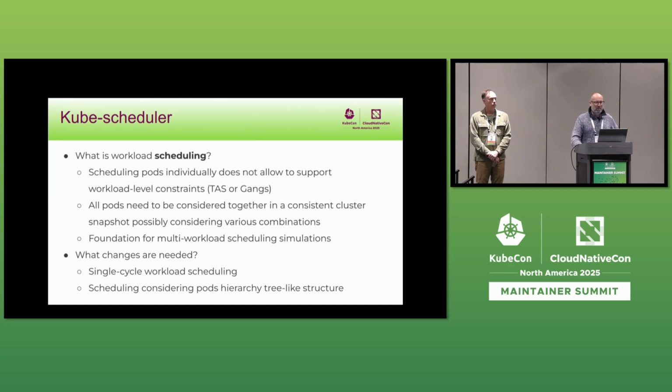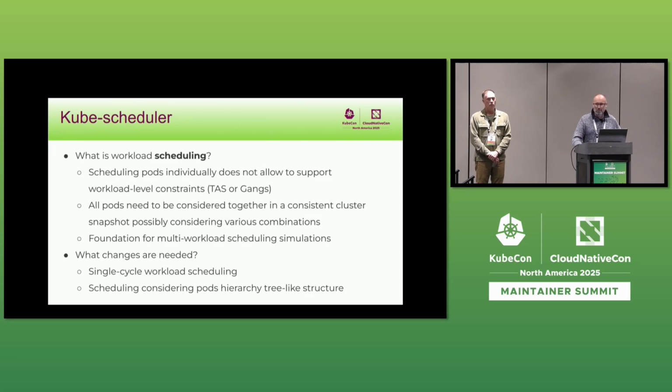At that time, it means that pods cannot be scheduled individually, but they have to be scheduled all together in a consistent cluster snapshot. Some scheduling constraints may require considering various combinations. So it makes workload scheduling a pretty complex problem that may take time to resolve.